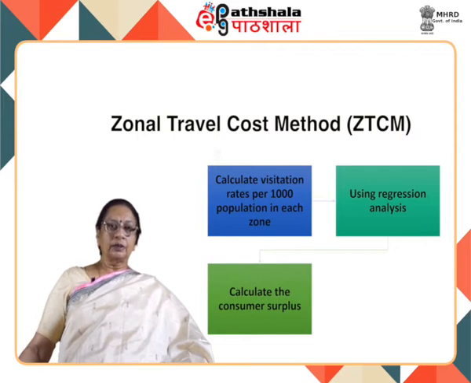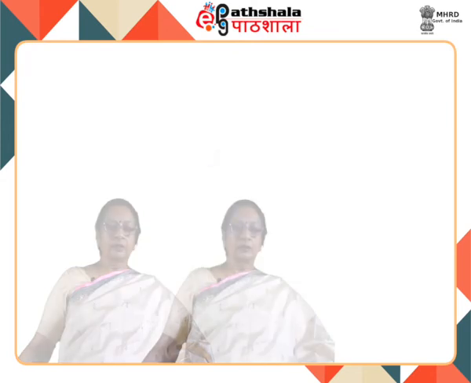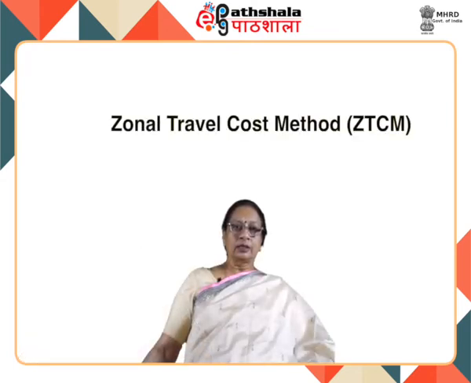Seventh, calculate the consumer surplus or the area under the demand curve by estimating the total economic benefit of the site to visitors. Thus, using the data from each zone, a demand curve is derived and the consumer surplus is calculated to assess the economic benefit derived by individuals from the site.